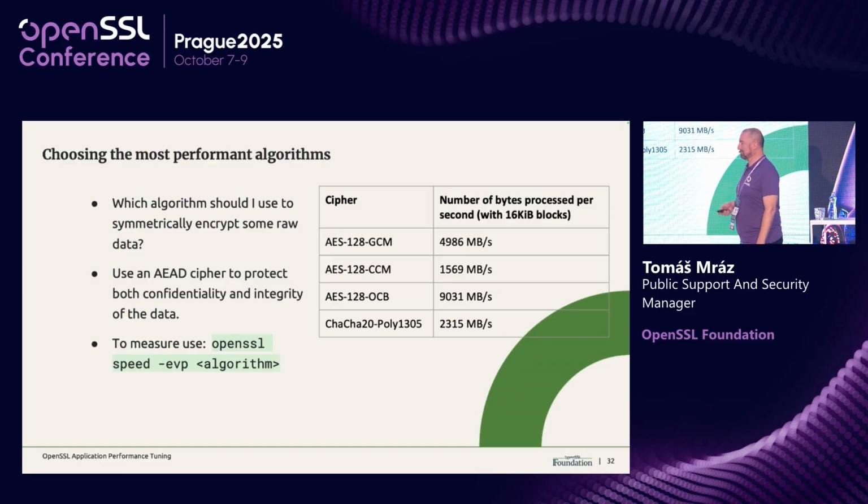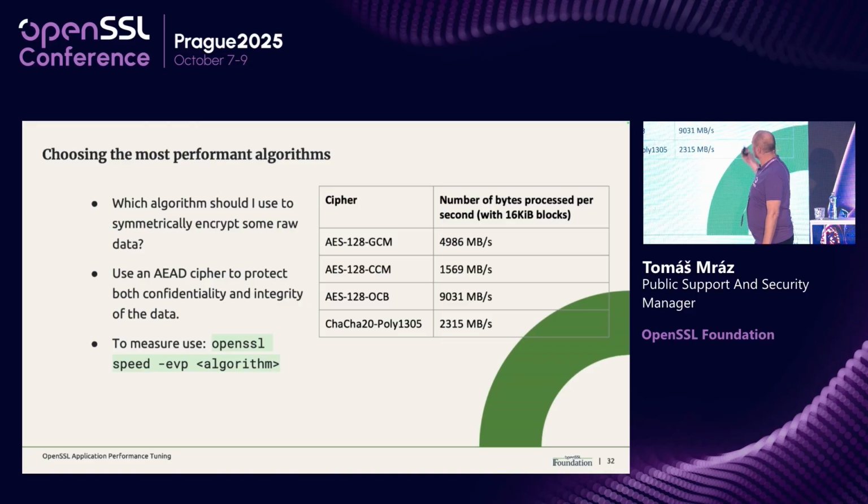You can use openssl speed -evp for encryption, for example. And the openssl speed command, of course, I assume that most of you know it, but this was supposed to be a beginner's presentation, so not really for people who are already seasoned with OpenSSL APIs and command line applications.